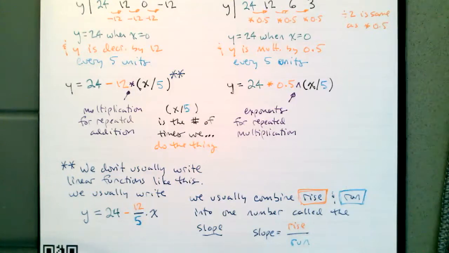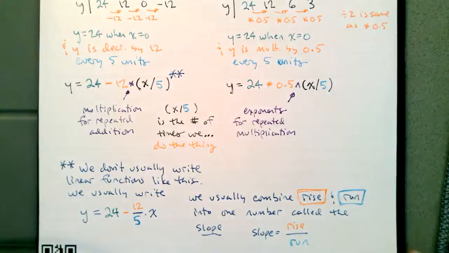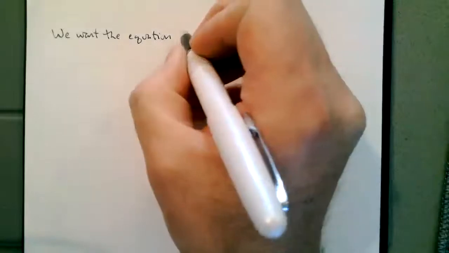Let's talk about how we can use the equation part to get the stuff that's not in the table. We want the equation to find stuff that's not in the table.